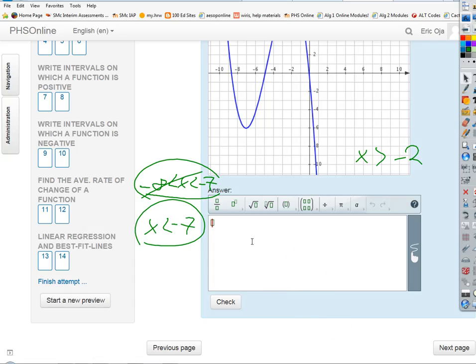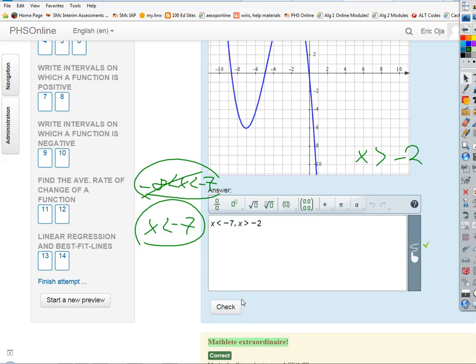And it doesn't matter what order you put these in. I can even turn them backwards. As long as they're true statements, it's going to take the answer. X is less than -7, comma. Do I put a space? Doesn't matter. If you do, it's fine. If you don't, it's fine. X is greater than -2, like that. Okay?